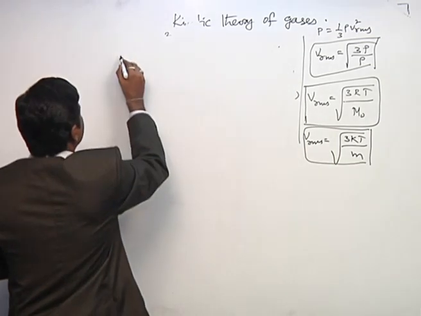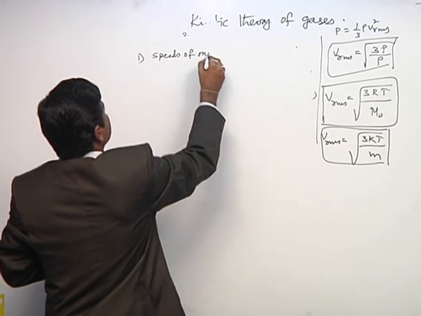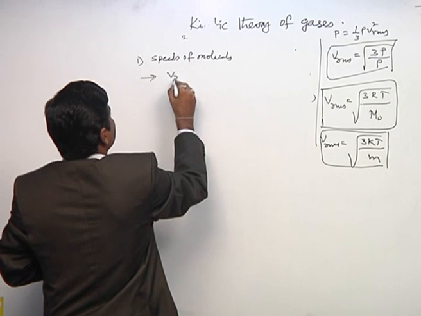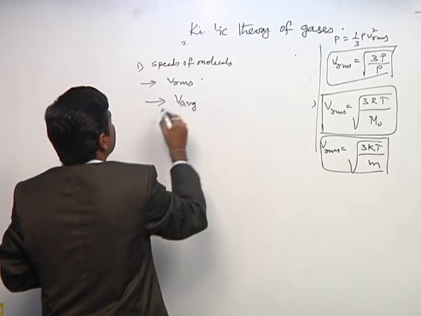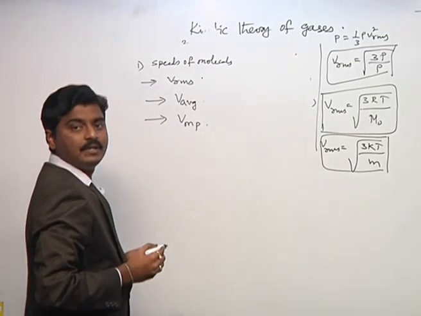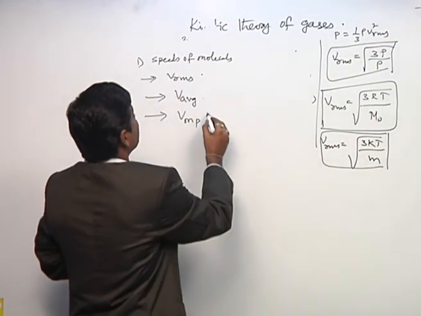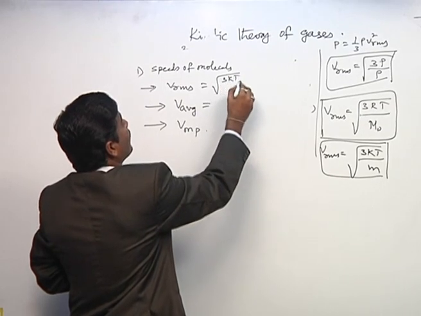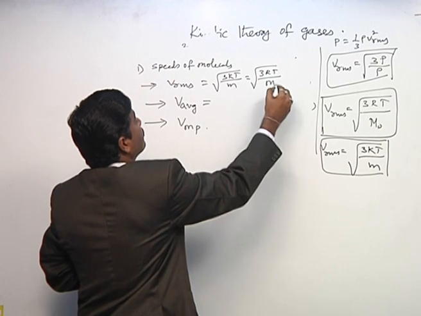Now, the speeds of molecules of the gas: one is V RMS, one more is average speed, and one more is most probable speed. Here V RMS is equal to the square root of 3kT by m, which I am writing as 3RT by M in terms of molecular weight.